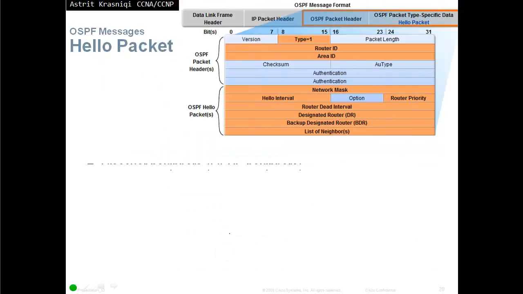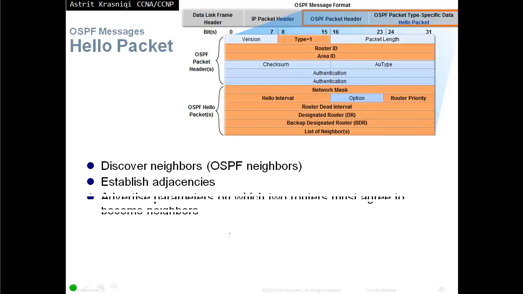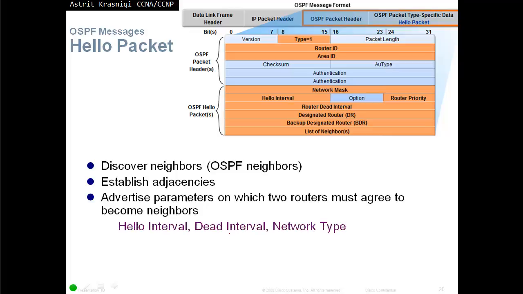The hello packet of OSPF is used to discover our neighbors, establish the adjacencies, and maintain the adjacencies, just so as not to leave it. It advertises parameters on which two routers must agree to become neighbors. So the hello interval, we have to agree on that. If I send you a hello every 10 seconds, you have to send me a hello every 10 seconds. Otherwise, we're not going to become neighbors. And then the dead interval.